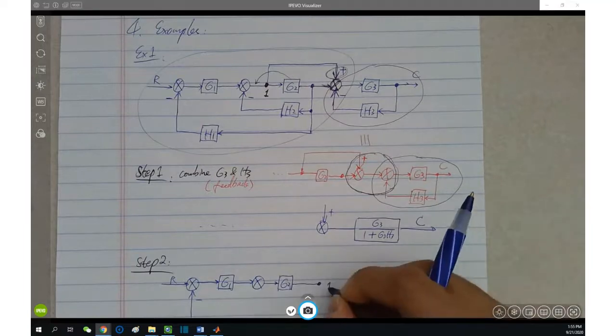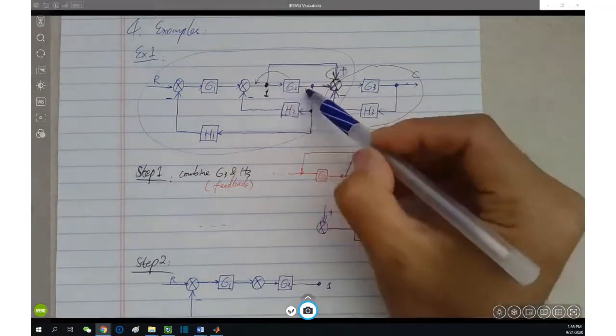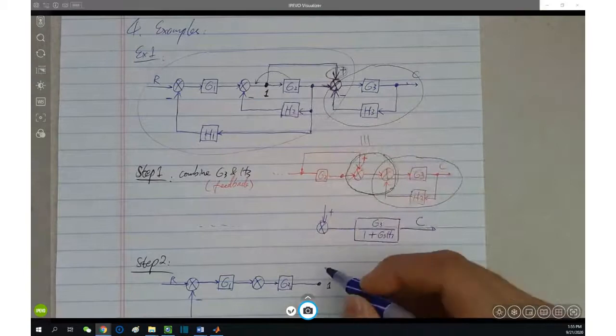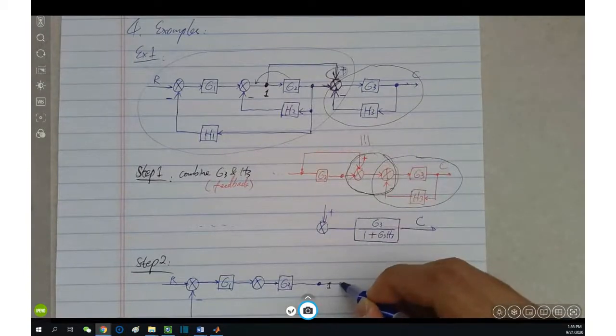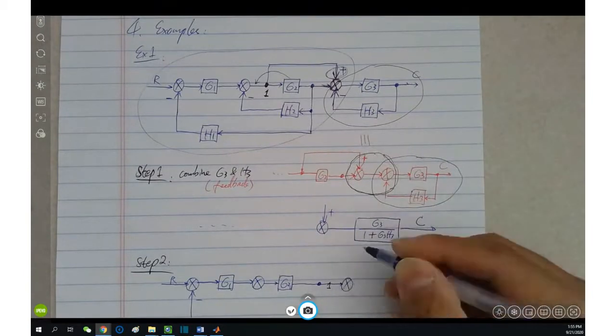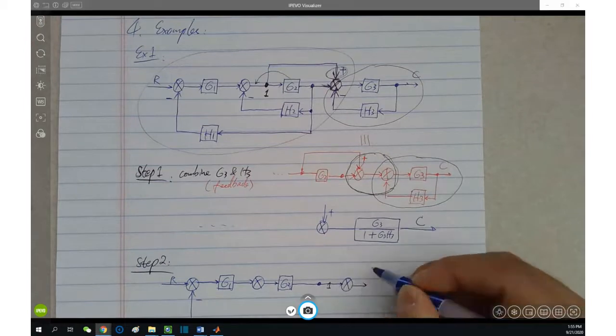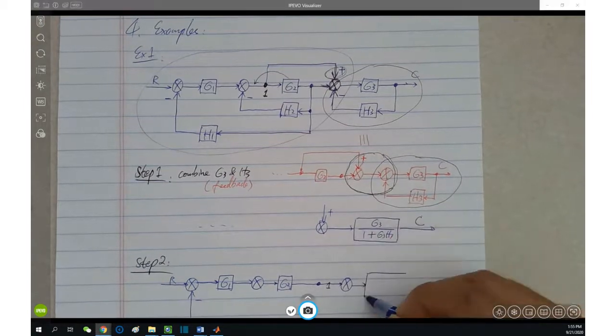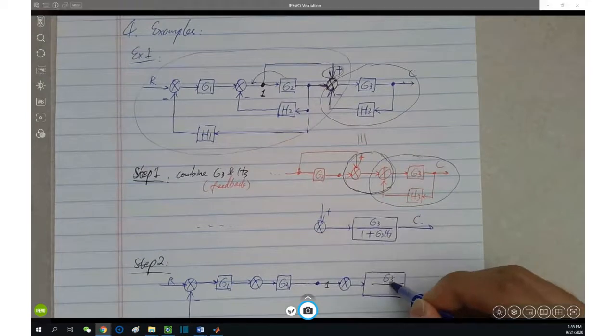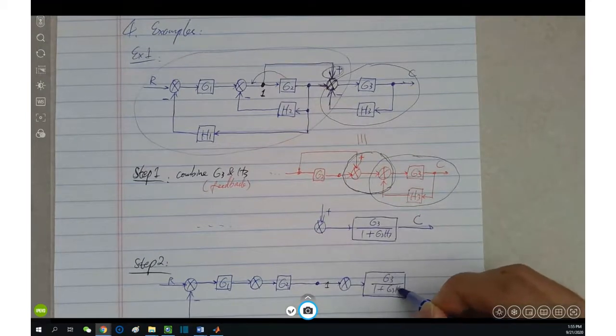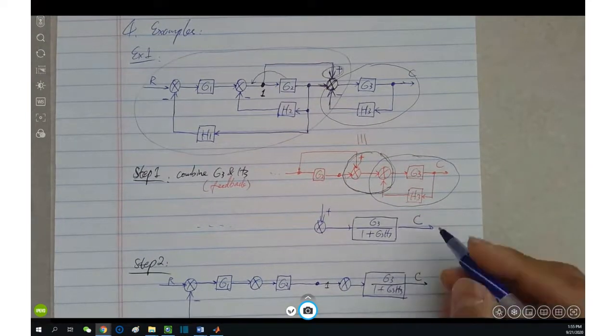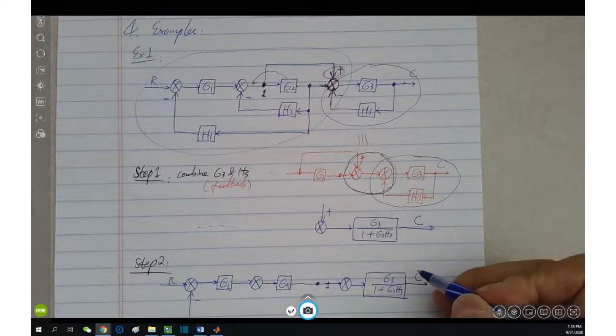Summing junction 1 here, combined with this one, reach this summing junction, and reach this G3 over 1 plus G3H3, C. Right.